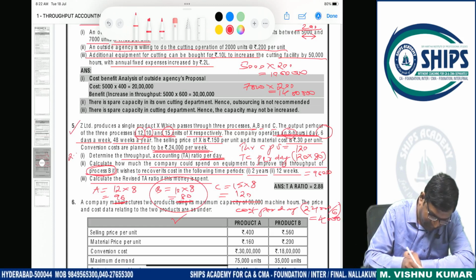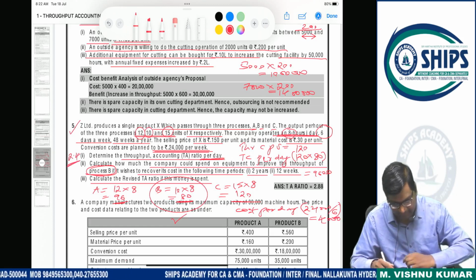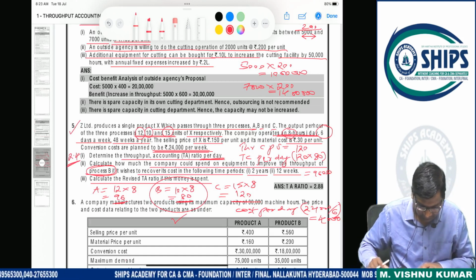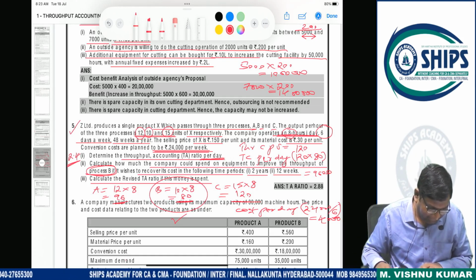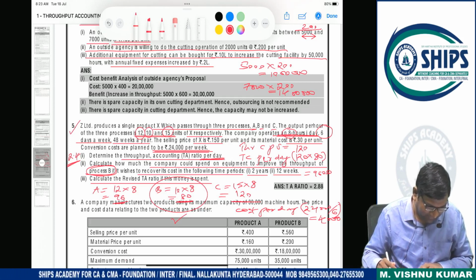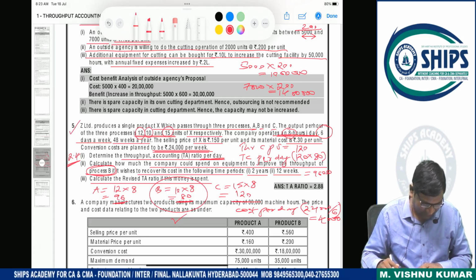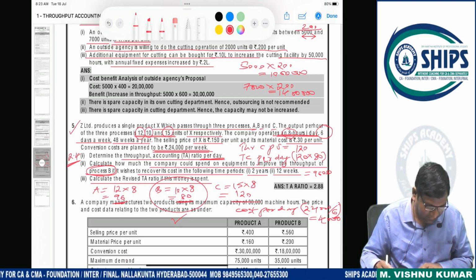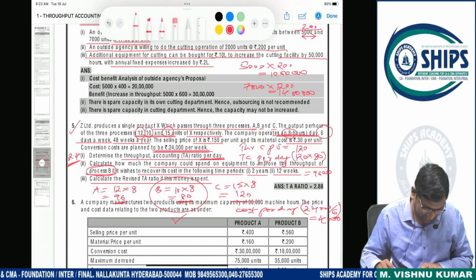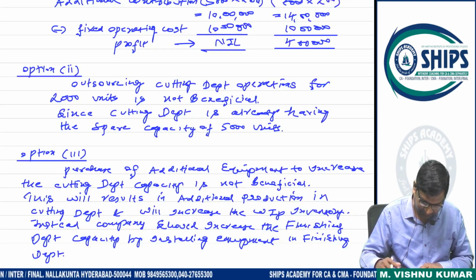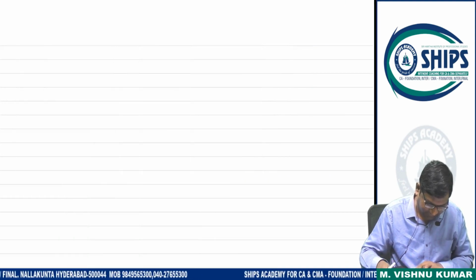So the first answer is 2.4. Understand? Throughput accounting ratio 2.4.